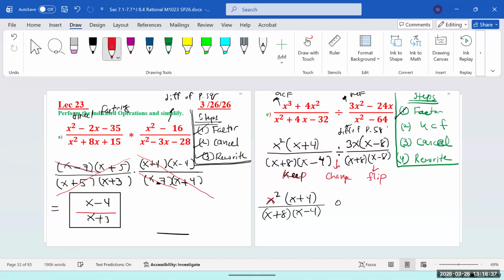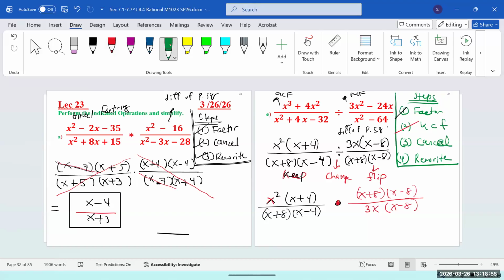The division suddenly turns into a multiplication. And then we flip: x plus 8, x minus 8 on the numerator, denominator is 3x and x minus 8. So keep, change, flip is done.